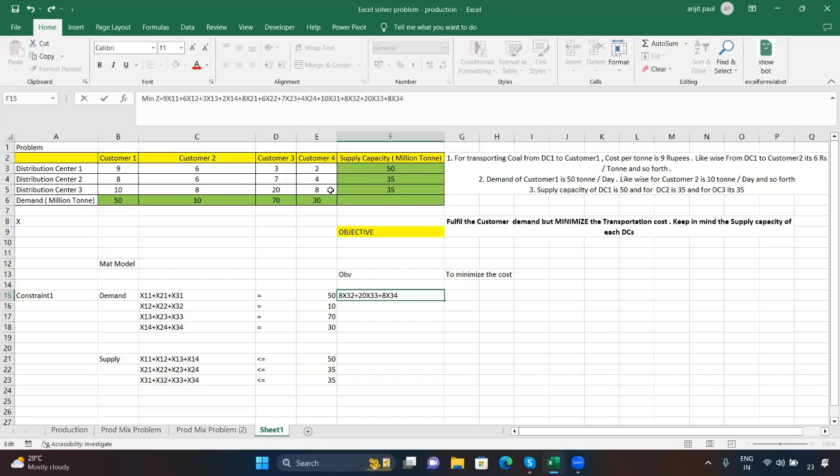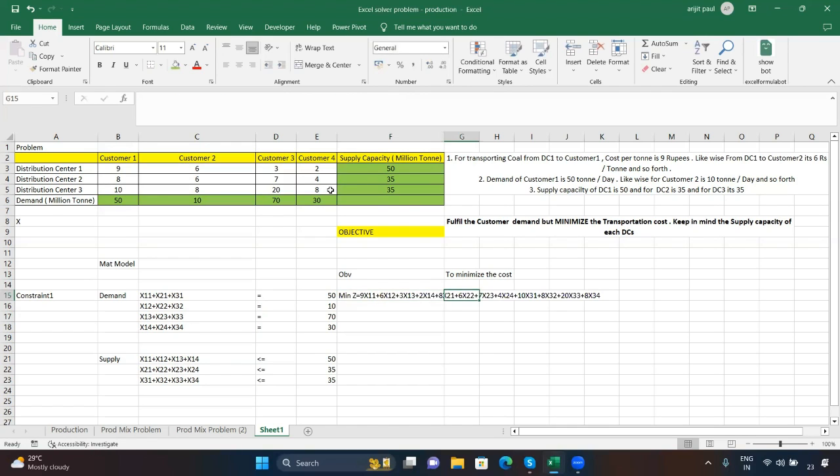Okay, so that becomes the mathematical formula for our objective function.